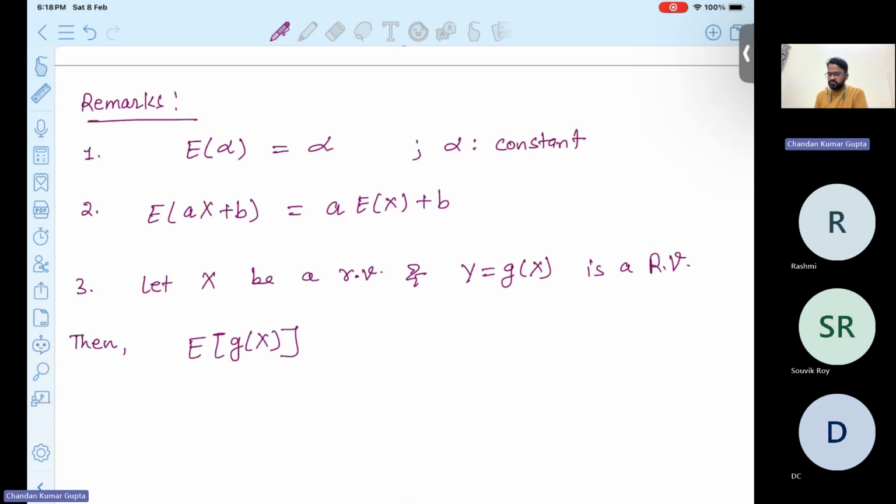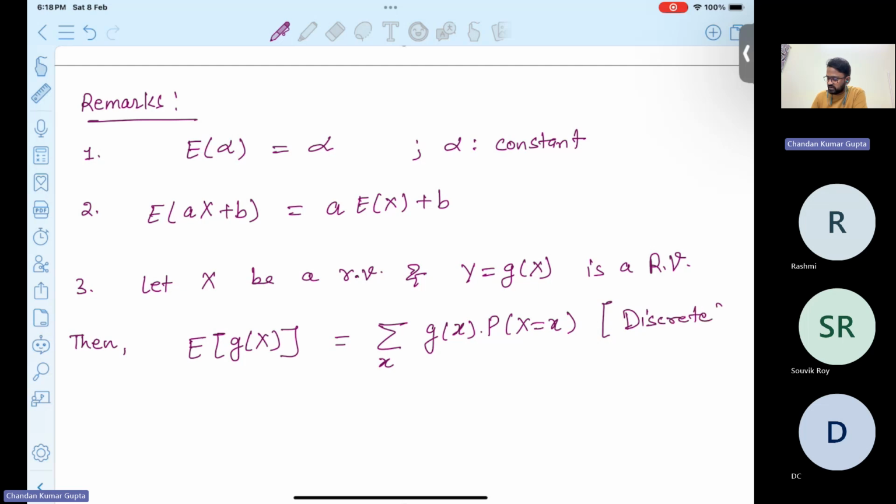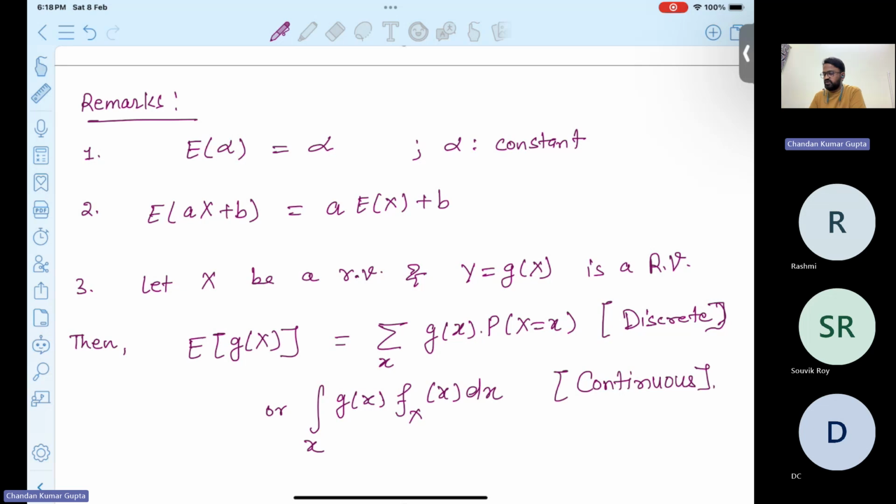The expected value of g(x) is defined as the summation over x of g(x) times the probability that X equals x, in case we are dealing with a discrete random variable, or we can define it as the integral of g(x) times the PDF of x dx, in case we are dealing with a continuous random variable.